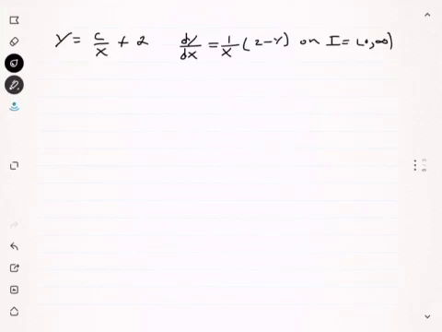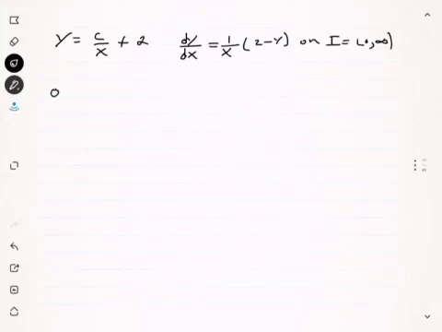This is because x cannot be 0, so that's why it goes from 0 to infinity. It could go from minus infinity to 0, but over here they just wanted to see if it's true from 0 to infinity.